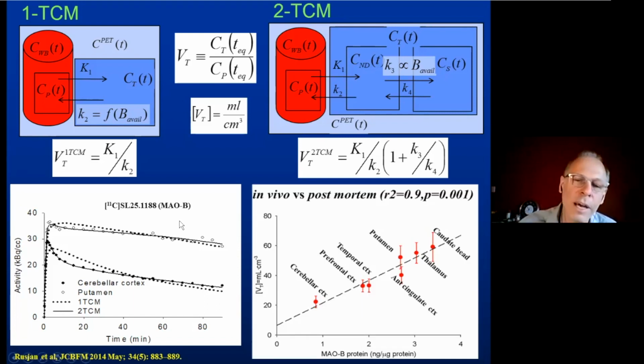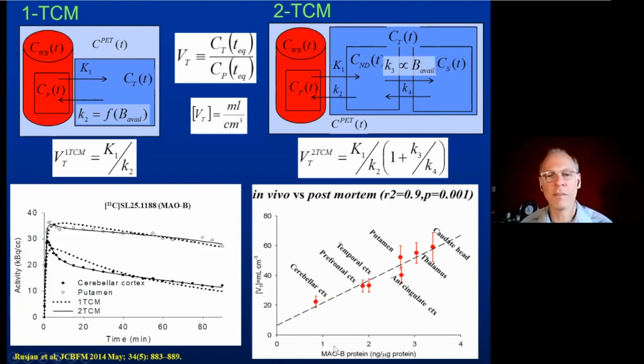And not only that, the total distribution volume that we get from these time activity curves for different regions of interest correlates very well with the known concentrations of MAOB in those regions of interest in postmortem brain.